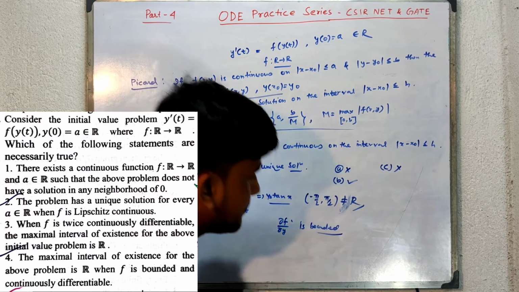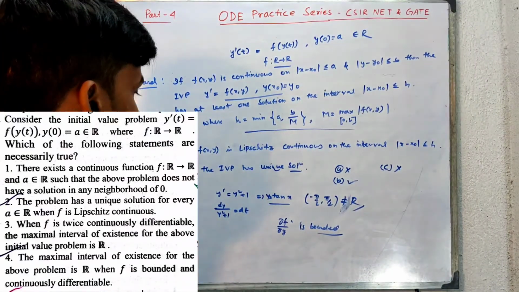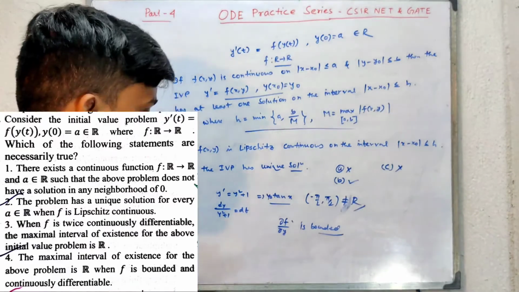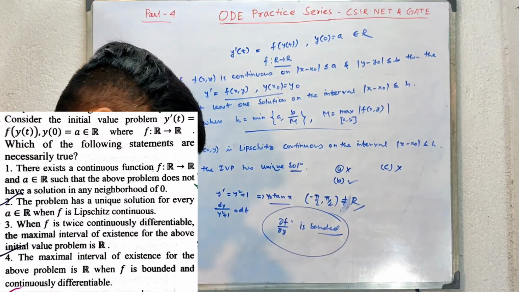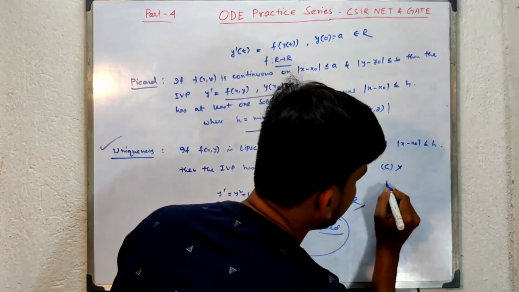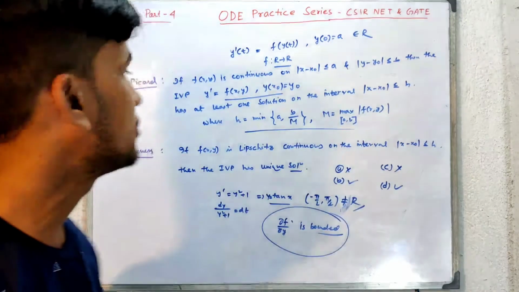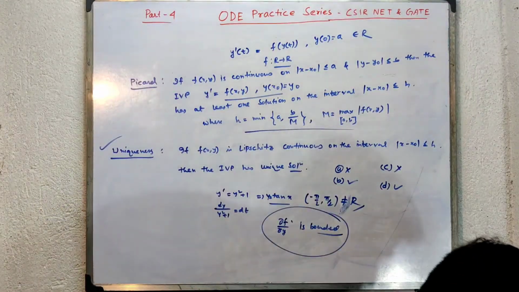So if del f/del y is bounded, then it also satisfies the Lipschitz condition. Therefore, the maximal interval is R. There is no problem. That is, option D is also correct here. So these are the questions, and the next question is, just a minute.